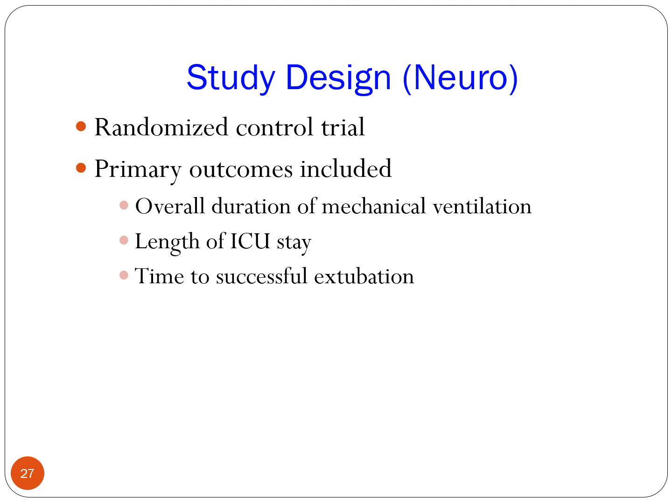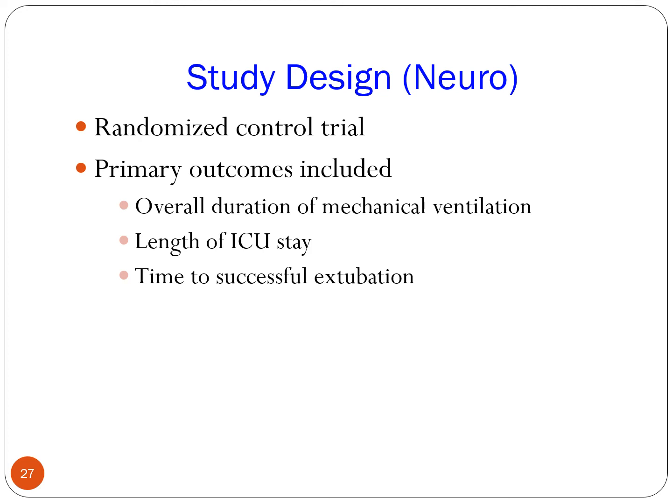So in this particular study of neurosurgical patients, who are a difficult wean and reintubation numbers are really high, they did a randomized controlled trial where the primary outcomes included overall duration of mechanical ventilation, length of ICU stay, and time to successful extubation.